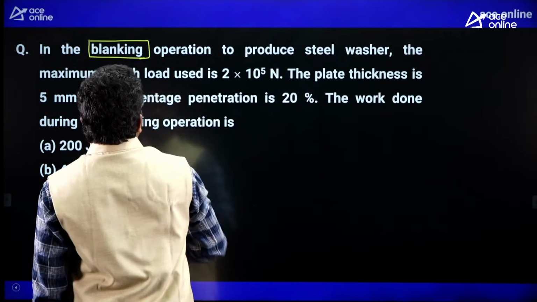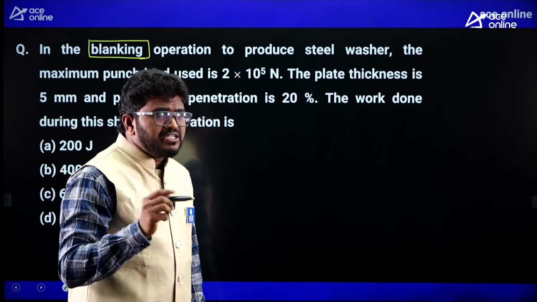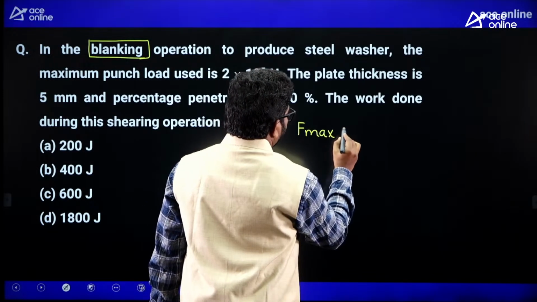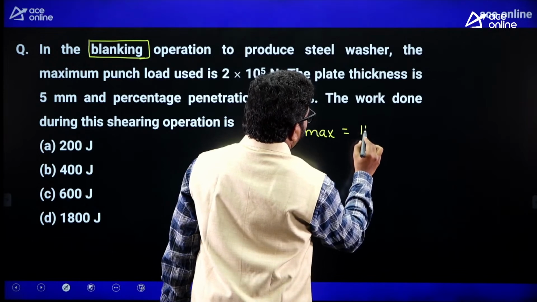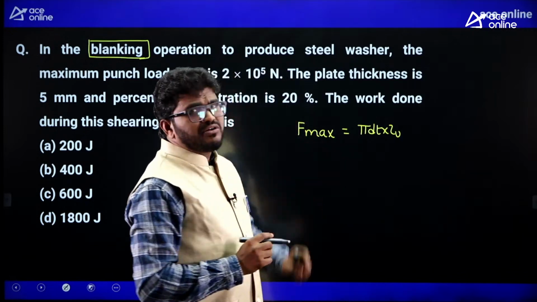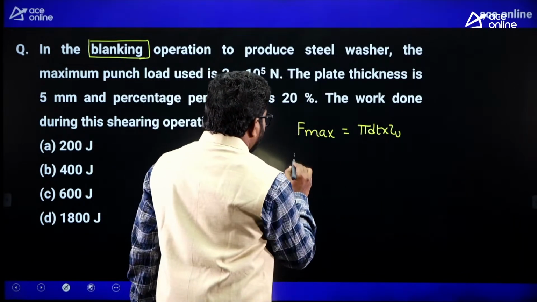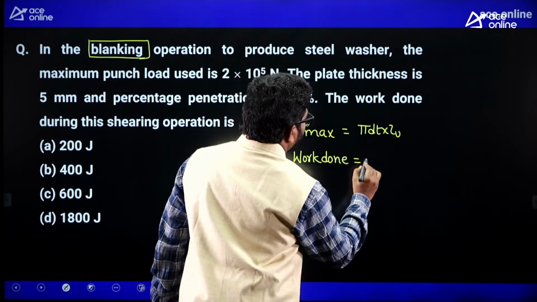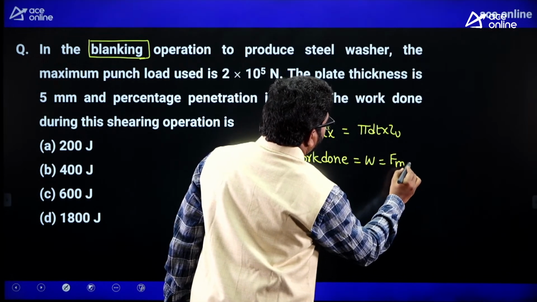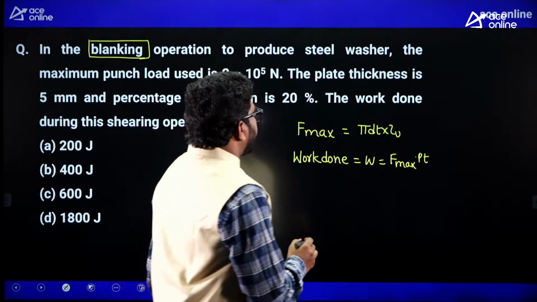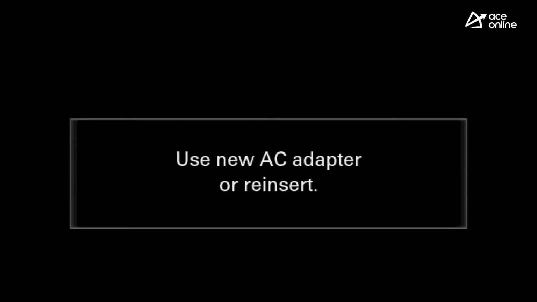A very important formula here is F max equal to sheared area, that is pi d t, into tau u, sheared area into shear strength. And work done is equal to F max into PT. It's a very important formula. Now in the question, the maximum punching force is given as 2 into 10 power 5 newtons.